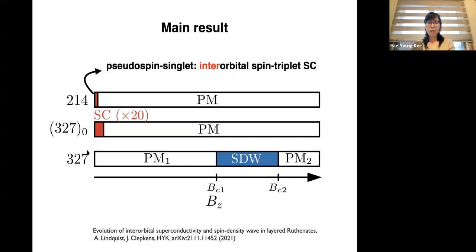On the other hand, once we add back the staggered rotation, this superconductivity is completely gone, and there will be a low field paramagnet, and then a spin density wave related to the van Hove singularity and nesting, and then a high field paramagnet will appear afterwards. So that is what I'm going to present.